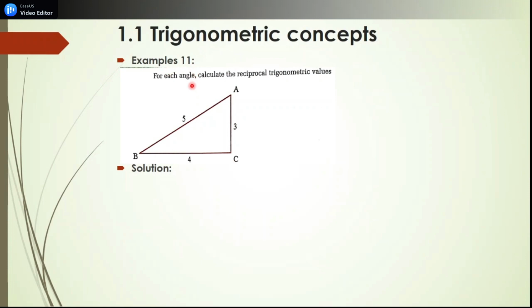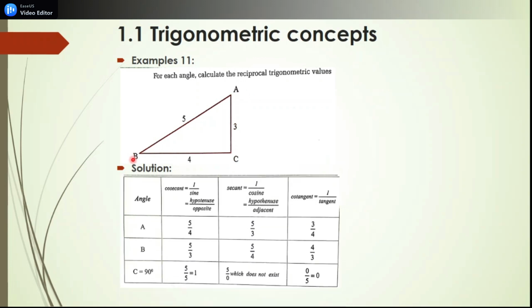Example number 11. For each angle, calculate the reciprocal trigonometric values, meaning cosecant, secant, and cotangent. For each angle: the angle for A, the angle for C, and the angle for B. For angle A, cosecant is the inverse of sine, or hypotenuse over opposite side, where the hypotenuse is equal to 5.